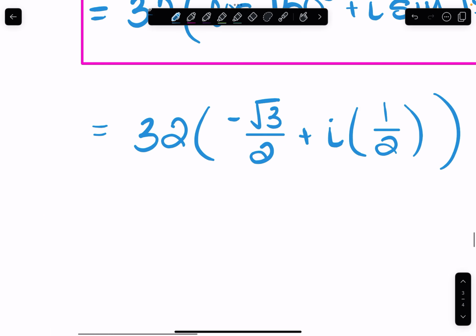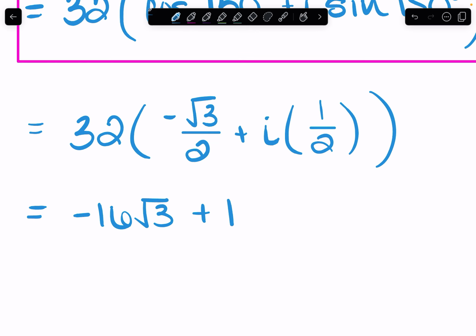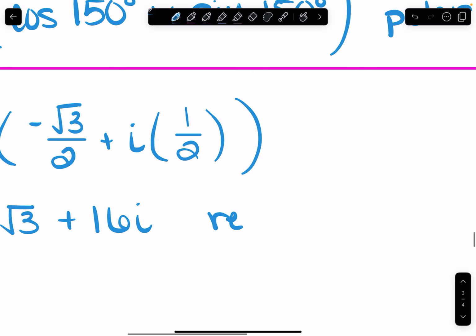And then we can distribute our 32. So 32 divided by 2 is 16, so negative 16 square root of 3 plus 32 divided by 2, 16i. So this would be our rectangular.